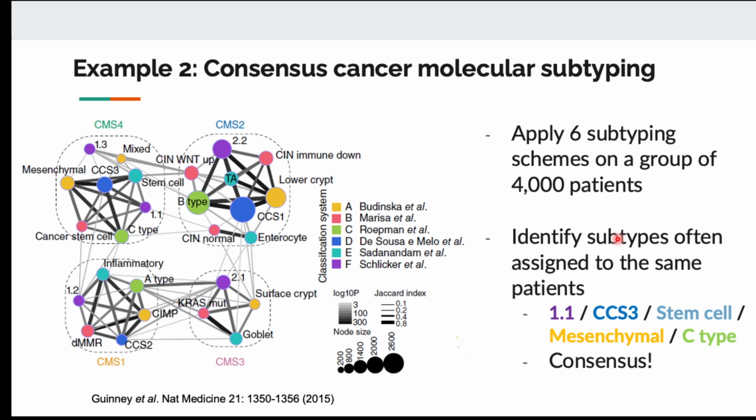So by combining data from multiple studies together, without doing anything extra, there is no extra experiment, there is no extra data collection, we can construct the consensus subtyping system that can be used for the entire world.